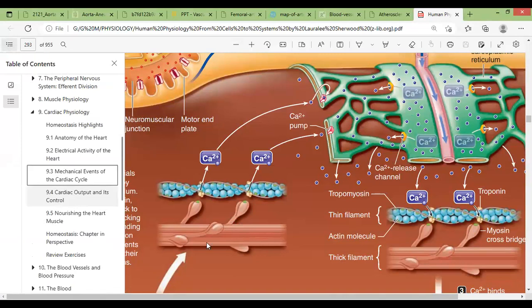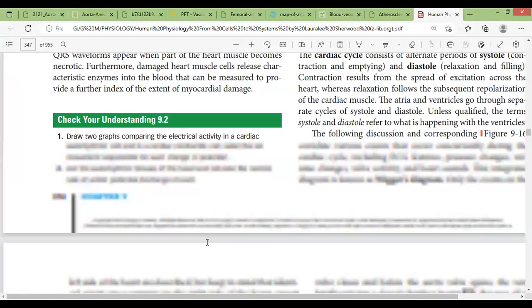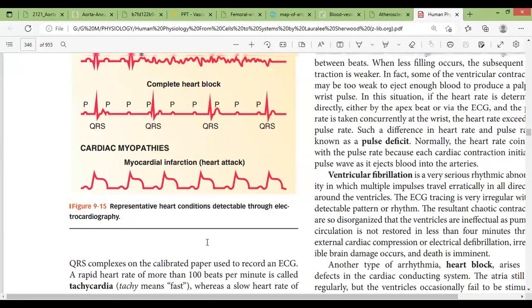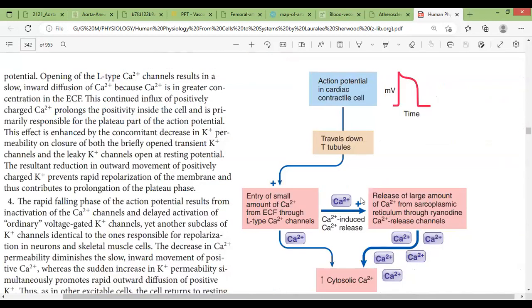So we can go back here, back to the heart, and just review now the events in contraction of the heart. Here it is. It's nearly the same thing, just a slight difference.